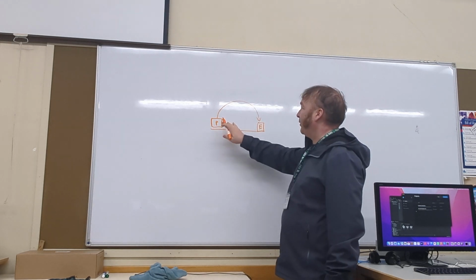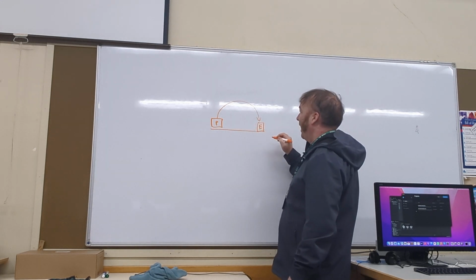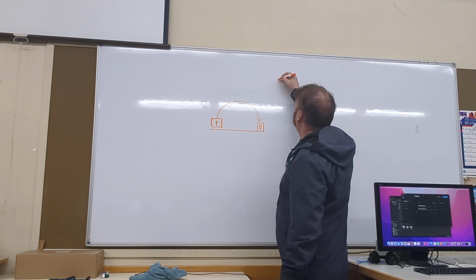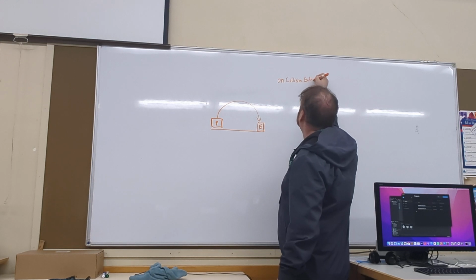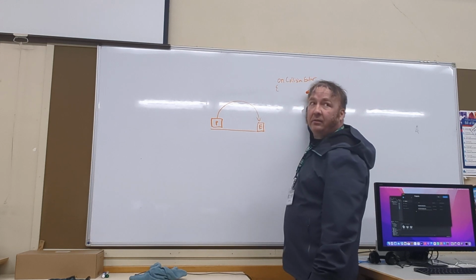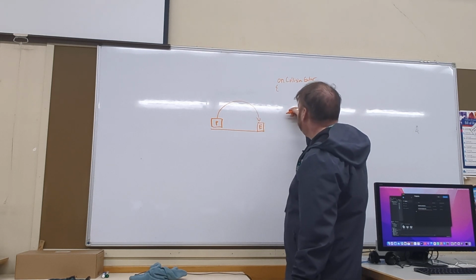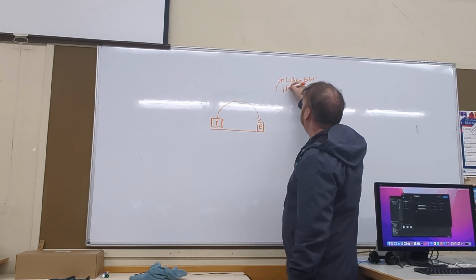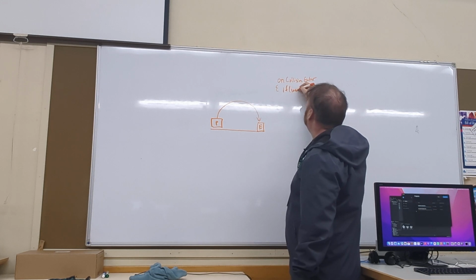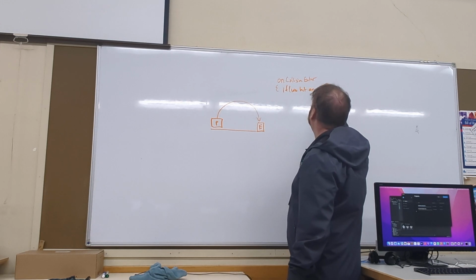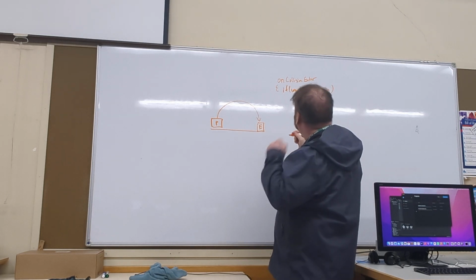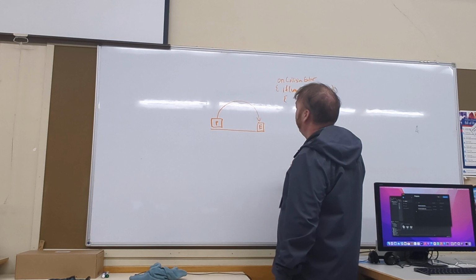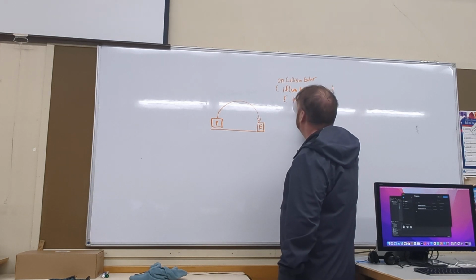Okay, so in this setup we have some code that's like, if the player on collision to enter, if we hit an enemy, then what we're going to do is probably take damage.